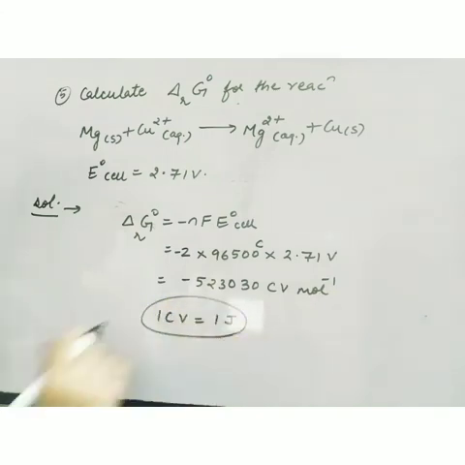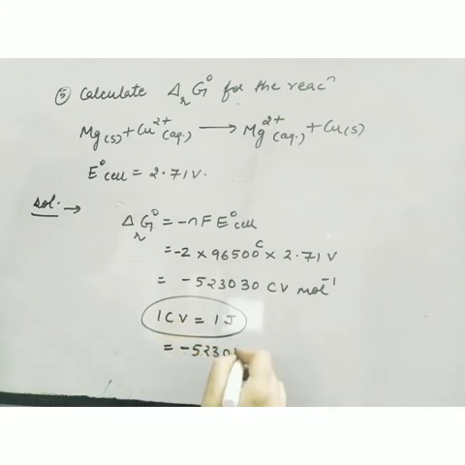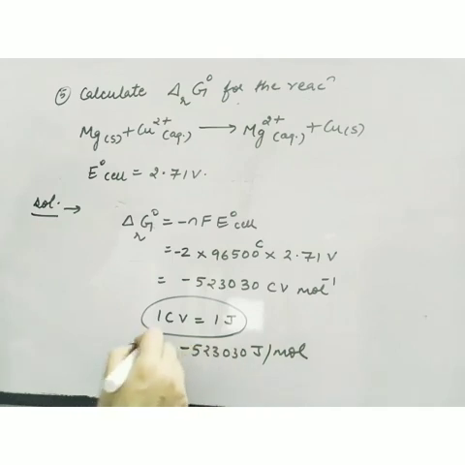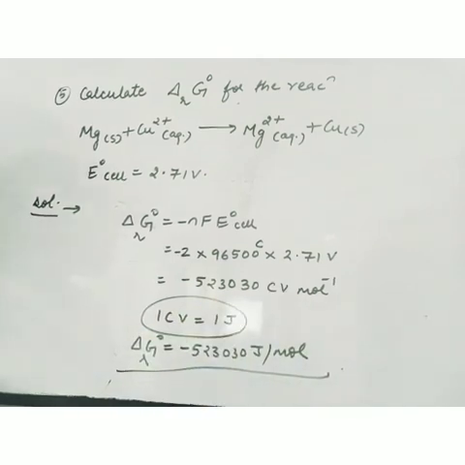This is the conversion factor. So I will write minus 523,030 joules per mole. This is the answer of Gibbs free energy of the reaction. And since delta G is negative, it means the reaction is spontaneous, the cell reaction is feasible, the cell is working. This is the significance of Gibbs energy.